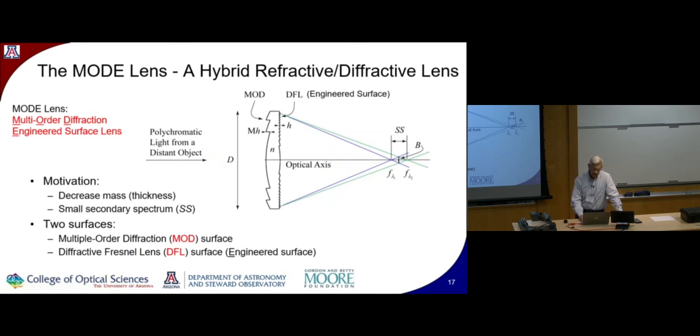Okay, and what we've done on top of that is realize that we need to treat the back surface of the lens in order to compensate for both refractive and diffractive dispersion to get the minimum focal shift with wavelength as possible. We call that the multiple ordered engineered surface lens. The engineered surface comes from the back side where we put on the DFL on the back.